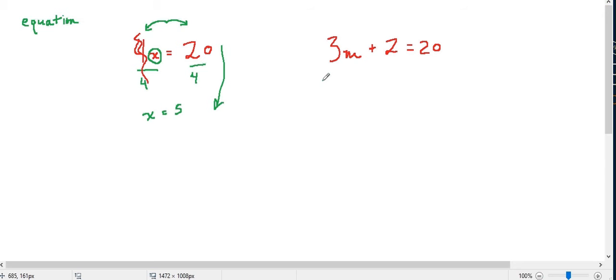Now, we could also talk about evaluating in what's called a formula. A formula might say F is ma. It's sort of an equation. We're setting force equal to mass times acceleration. Okay, but what if, to evaluate, I might not need to find an unknown.